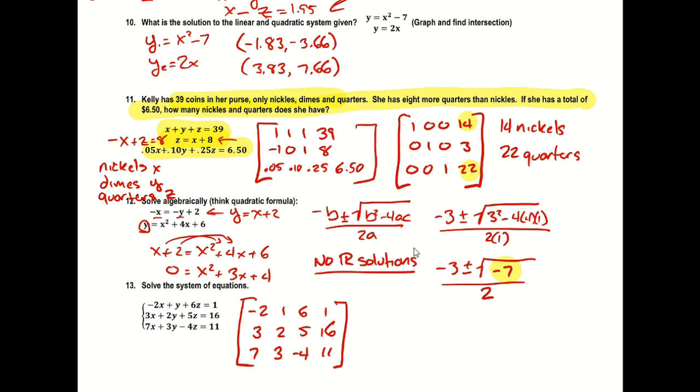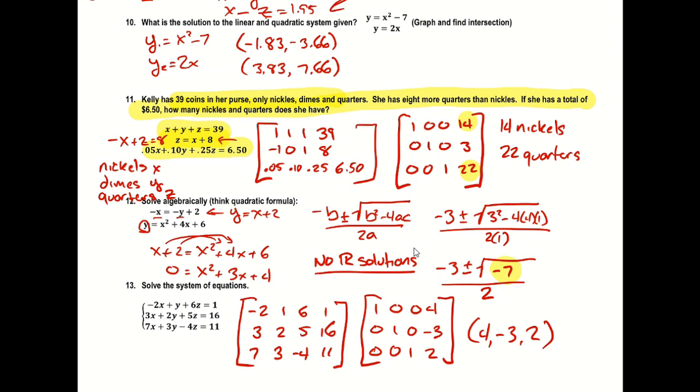Plug this information in, hit enter, and you'll get a solution matrix of 1, 0, 0, 4, 0, 1, 0, negative 3, 0, 0, 1, 2. And our ordered triple, 4, negative 3, 2.